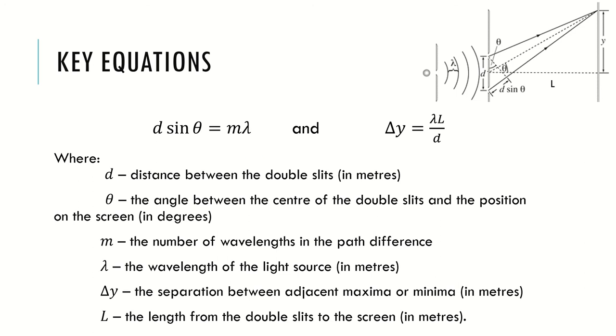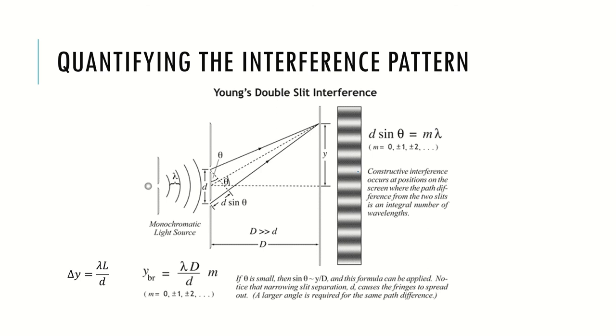So d is the distance between the double slits. The angle is the angle between the center of the double slits and the position on the screen. M is the number of wavelengths in the path difference. So as I said before, if it was the first bright band, then the path difference m would be equal to 1.